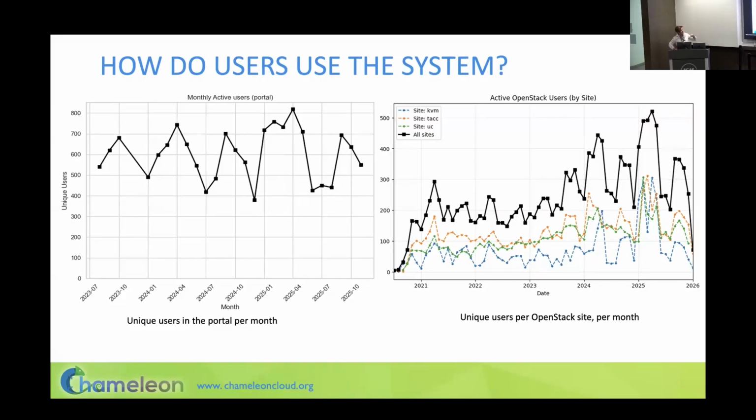And you also see a difference in the monthly number of active users between the first graph and the second graph. I won't go into the detail for how this happens now. We've got actually a PERC paper this year analyzing the usage of Chameleon, and we summarize the findings there. You can also talk to me about this.